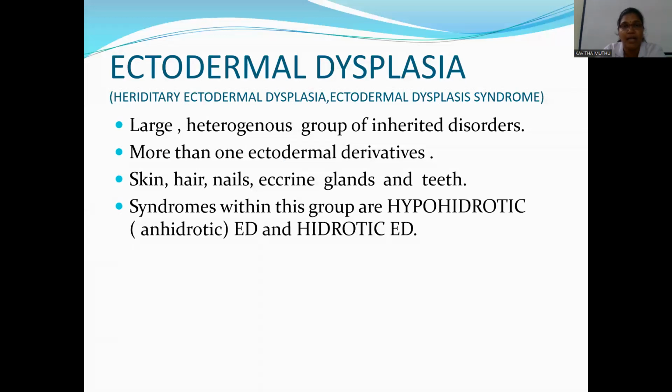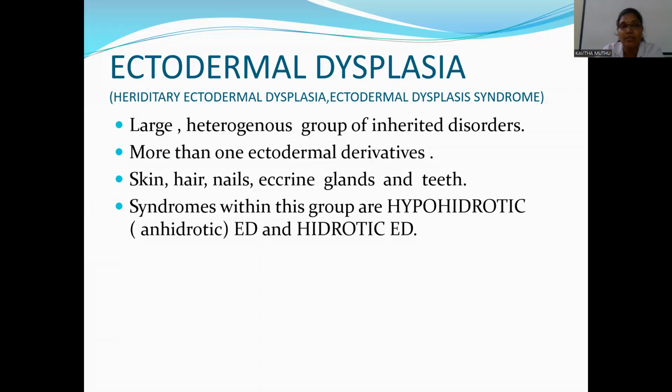Okay. And the very first skin disease we are going to discuss is ectodermal dysplasia. So what do you mean by ectoderm? As you all know, it is a germ layer, right? Dysplasia means it is different from the normal. So the structures derived from the ectoderm are going to be abnormal in this disease.